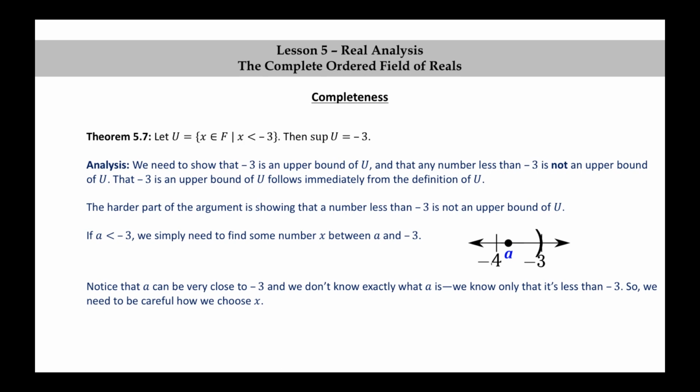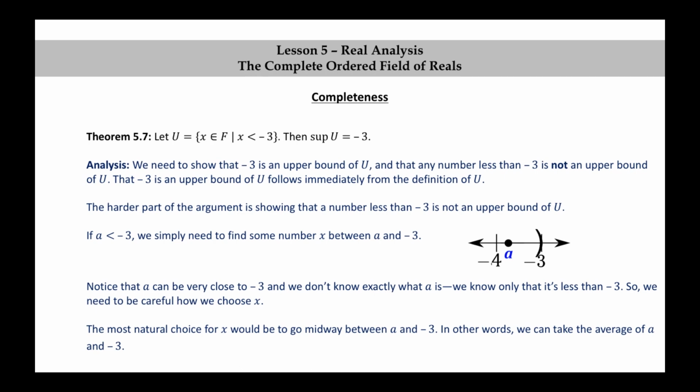So we need to be careful how we choose x. The most natural choice for x would be to go midway between A and -3. In other words, we can take the average of A and -3. So we will let x equal 1/2 (A plus -3). Then we just need to verify that A is less than x and that x is in U, or equivalently that x is less than -3.